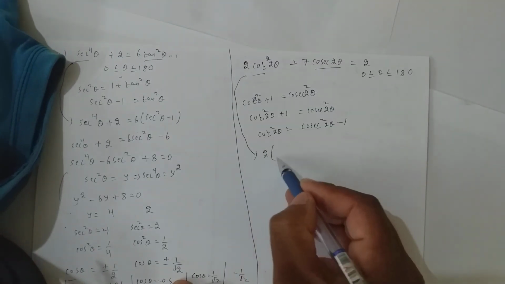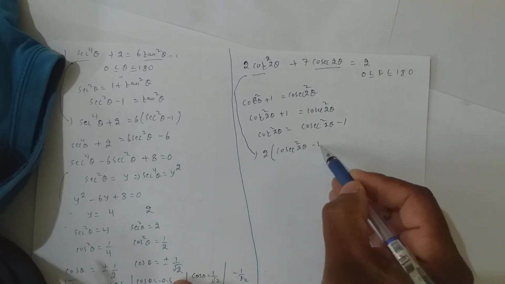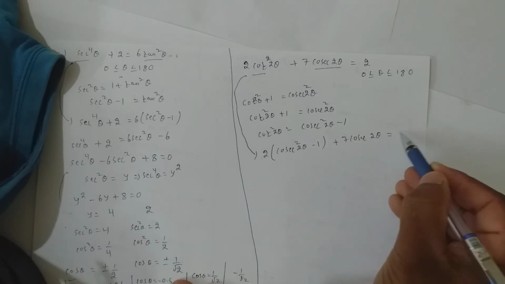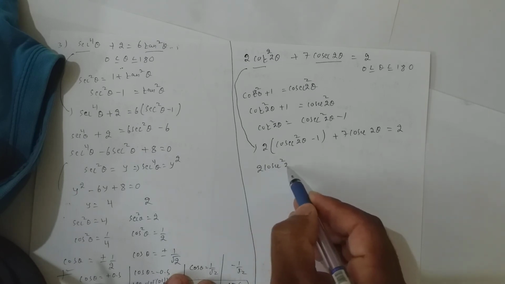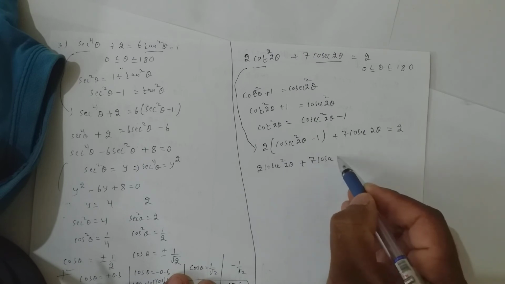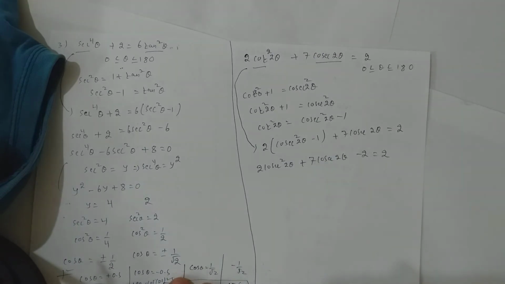It becomes 2 into (cosecant square 2 theta minus 1) plus 7 cosecant 2 theta equals 2. Multiply, it becomes 2 cosecant square 2 theta plus 7 cosecant 2 theta first, and minus 2 equals 2.